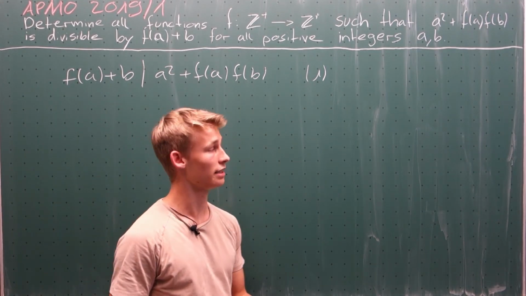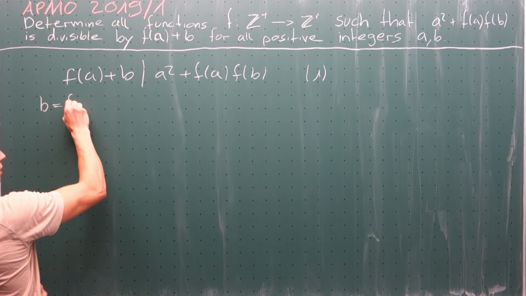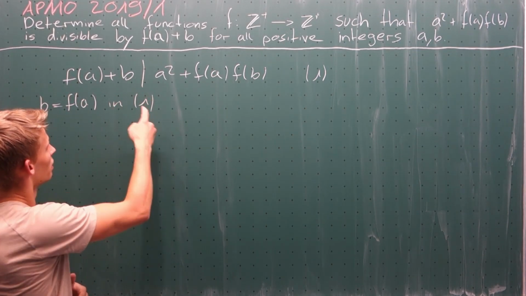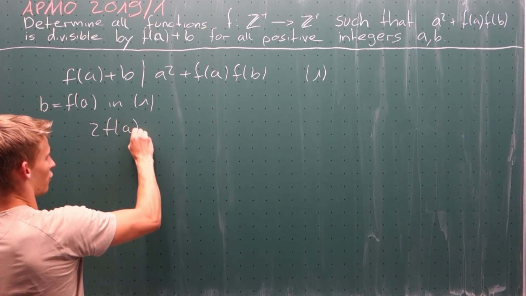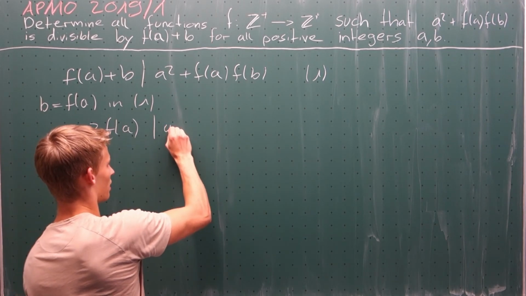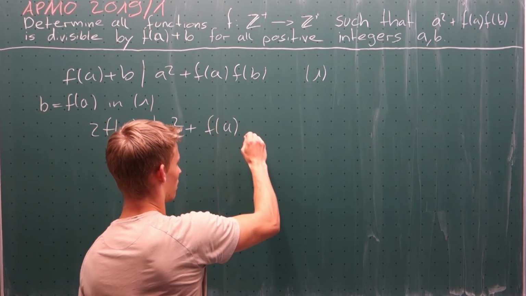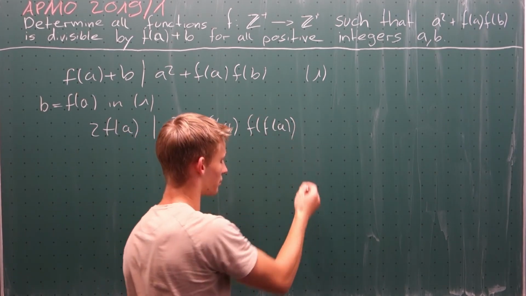And thus, the idea is to put in b equals f of a in 1. So we get 2 times f of a divides a squared plus f of a times f of a.